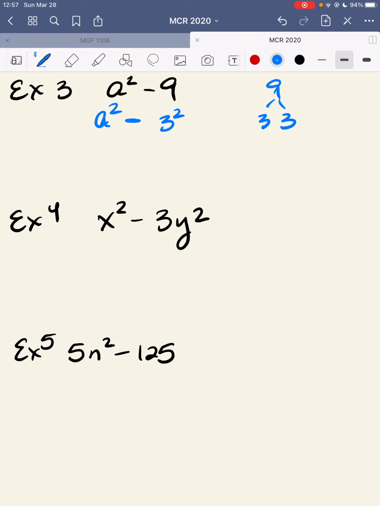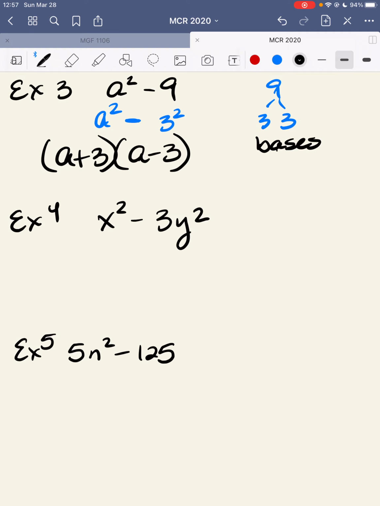And there is subtraction in between, so it meets my requirements. Okay, so we use our bases when we have numbers. And this is going to factor into a plus 3, a minus 3. And if you check this, you will see that it works out.